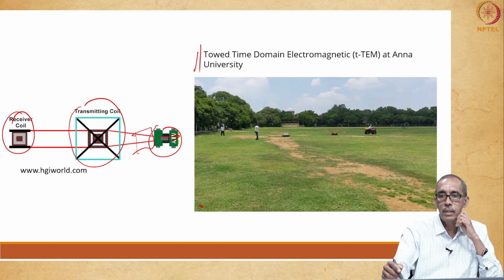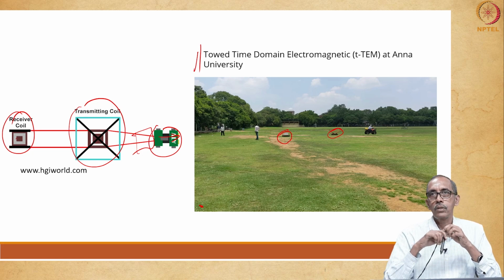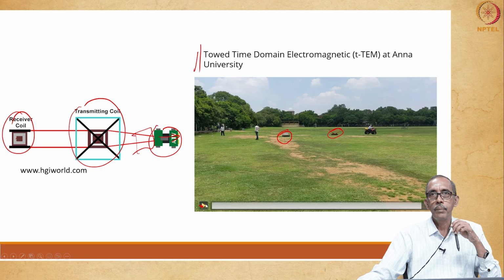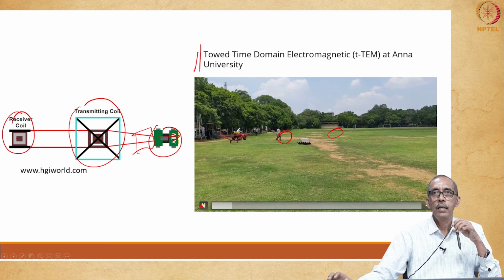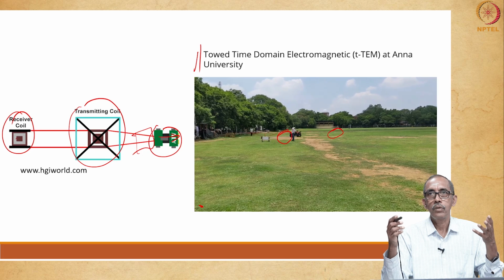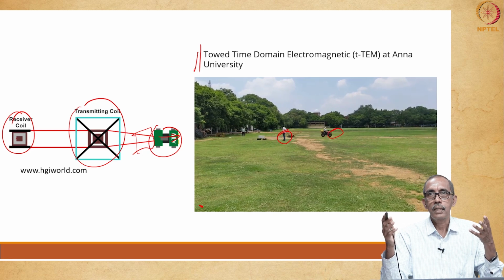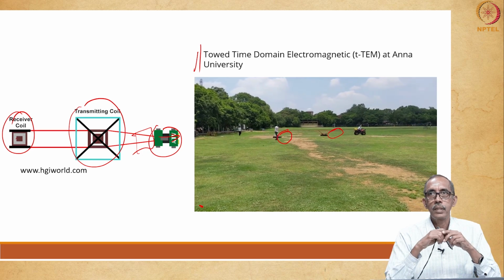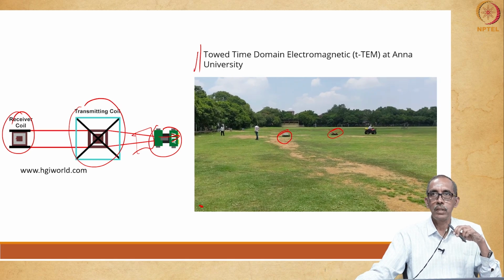I am showing this is the transmitter coil, this is the receiver coil. So, we can quickly complete the survey in the field. We used this recently, a couple of years ago, in the campus. This is the playground of Anna University.